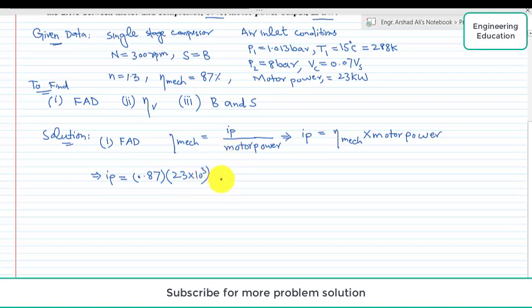Multiplying this, we get indicated power equal to 20010 watt.